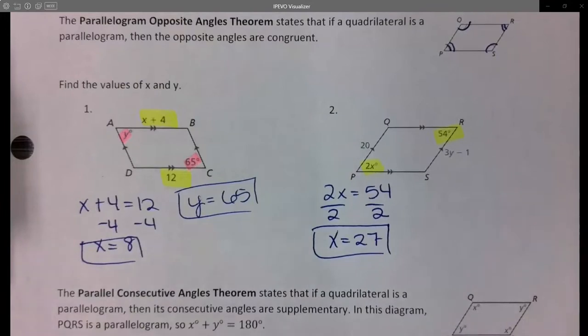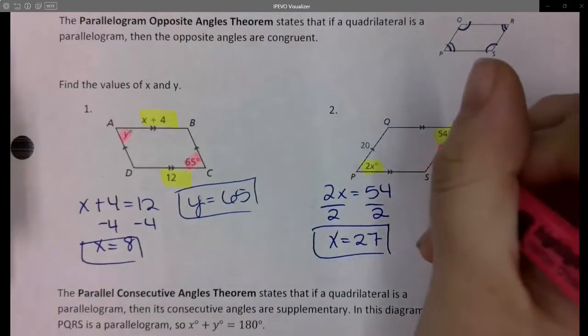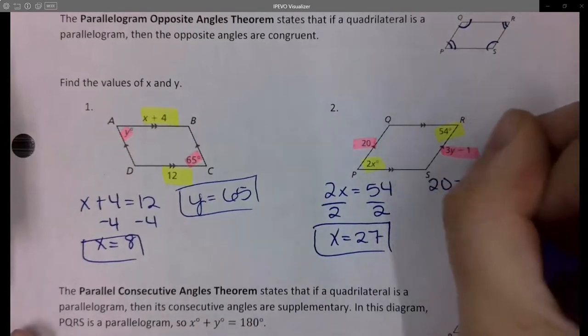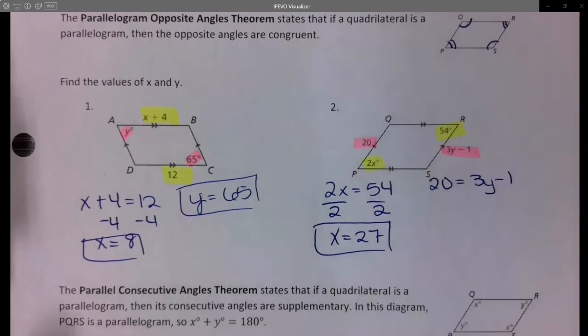Then I want to do the same thing for y. These are opposite parallel sides, so I can go ahead and set them equal. I'm going to have 20 equals 3y minus 1.